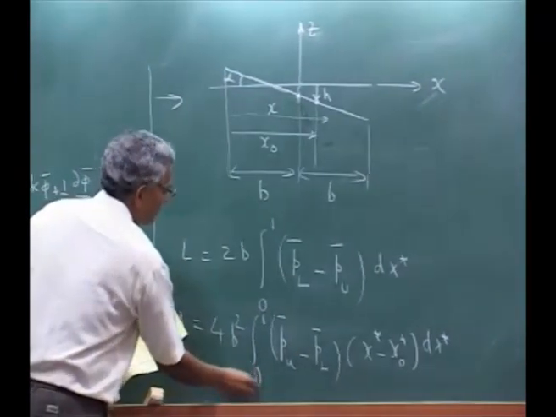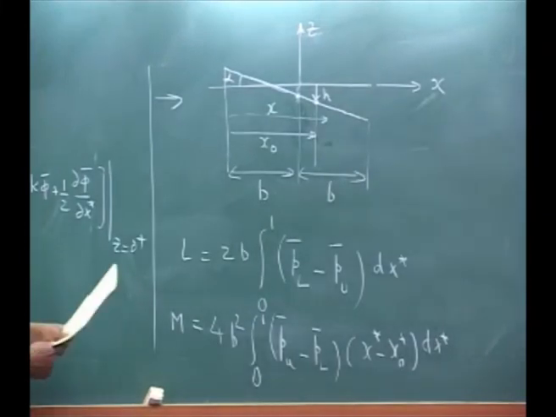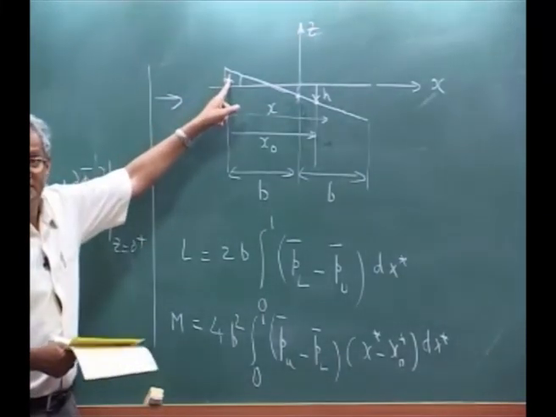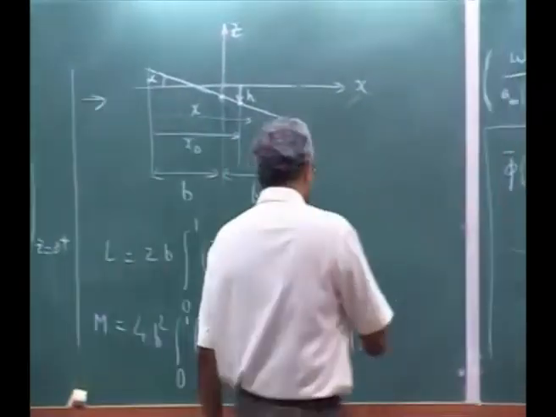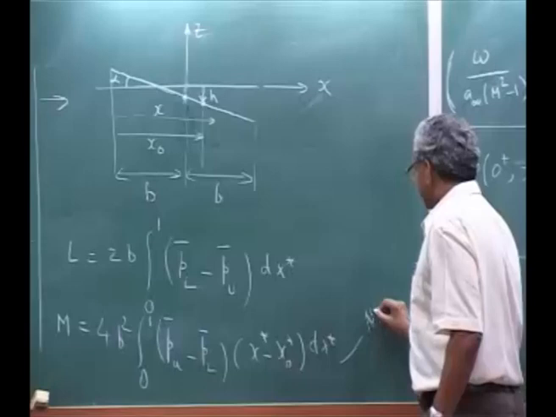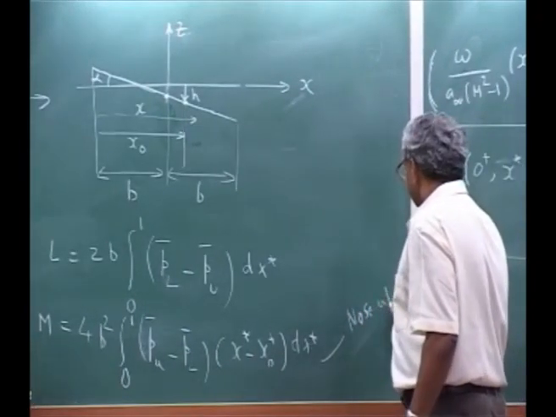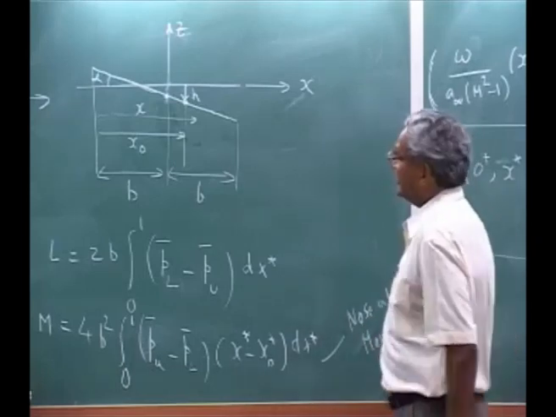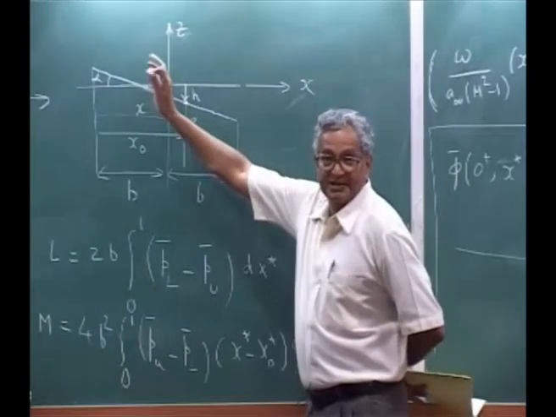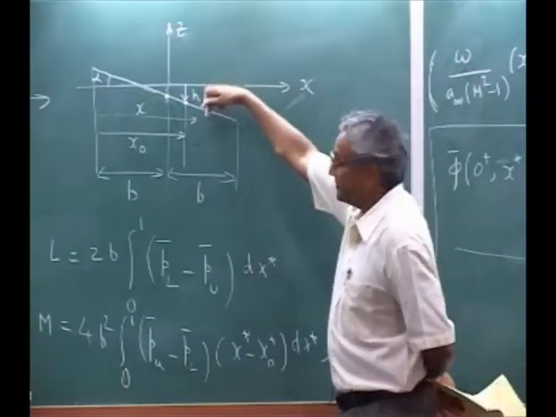Because this is nose up moment, it is taken as positive. That's why please note that this is nose up, because alpha is taken this way. So P upper minus P lower is the force.